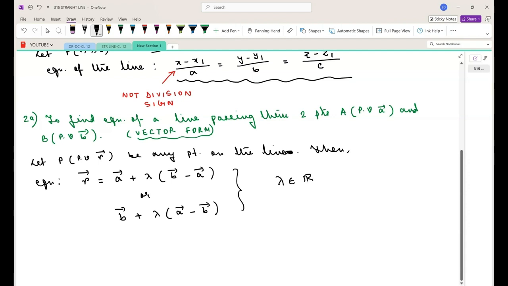You can choose any one of the forms and stick to it. Don't keep changing. Okay. So this is the vector form.